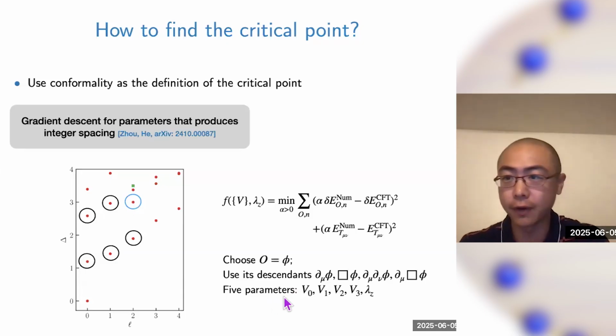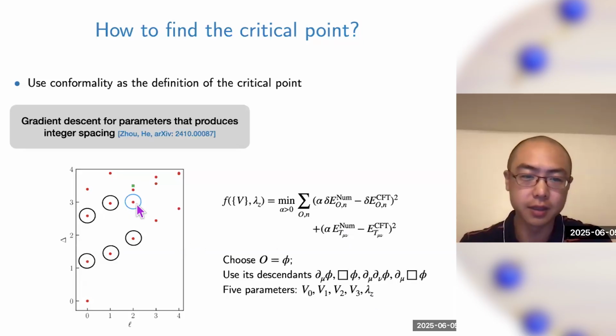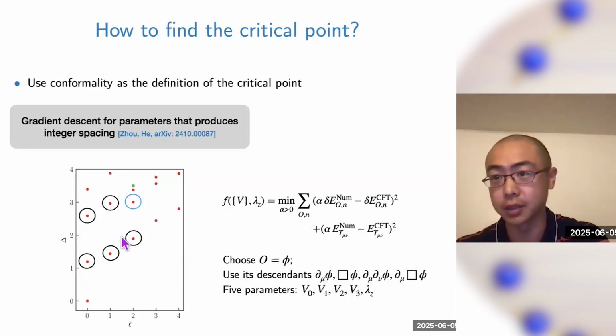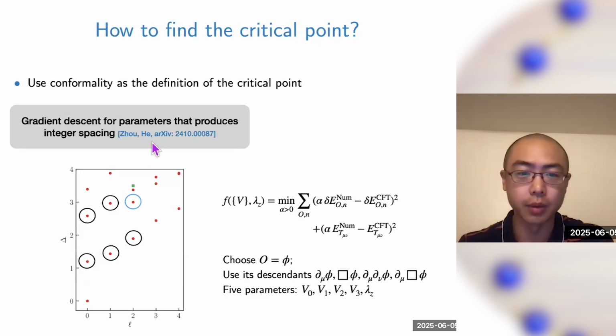And we fine-tune five parameters, which are the V0 to V3 pseudopotentials and the longitudinal field. We tune these parameters and see when, after rescaling, these few states are close to having an integer energy spacing. And that's our method.